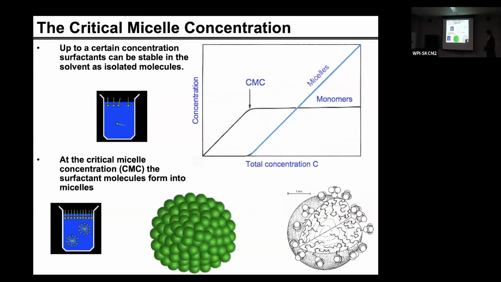But then at some concentration, which is called critical micelle concentration, we get a lot of these micelles, as depicted in here, because they sense each other and start hiding the hydrophobic tails in the interior of these assemblies. As we increase it further, in here we already have these micelles.